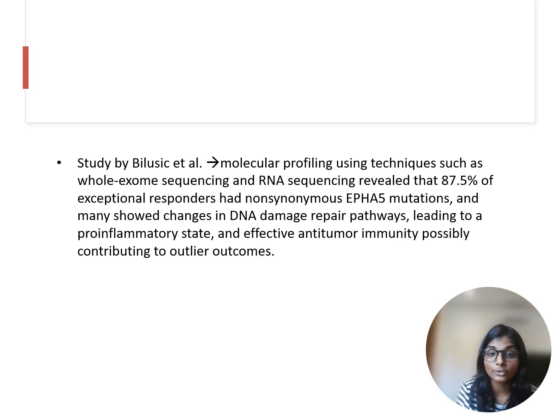Another study by Belusic et al. showed that molecular profiling using techniques like whole exome sequencing and RNA sequencing revealed 87.5% of exceptional responders had EPHA5 mutations, and many showed changes in DNA damage repair pathways. This led to a pro-inflammatory state and effective anti-tumor immunity, possibly contributing to outlier outcomes.